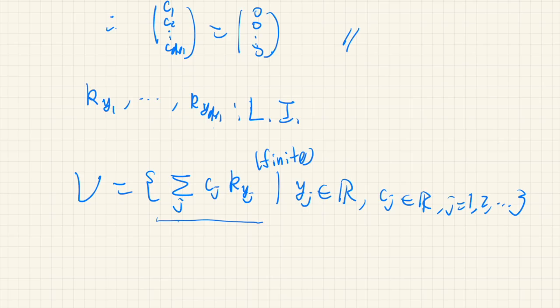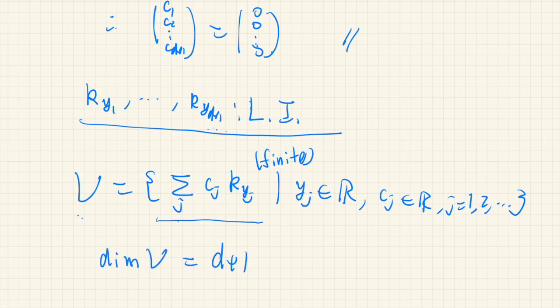So the dimension of this vector space V cannot be greater than d plus 1. And as long as the yj's are different, these are linearly independent. So the dimension of this space V is actually d plus 1.